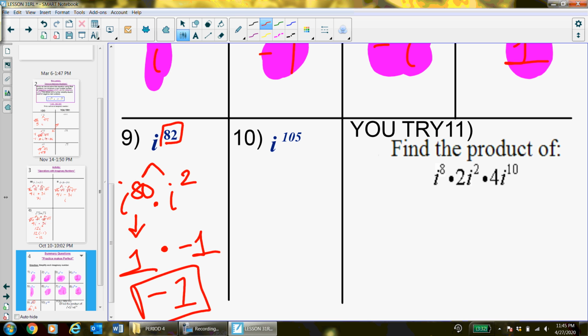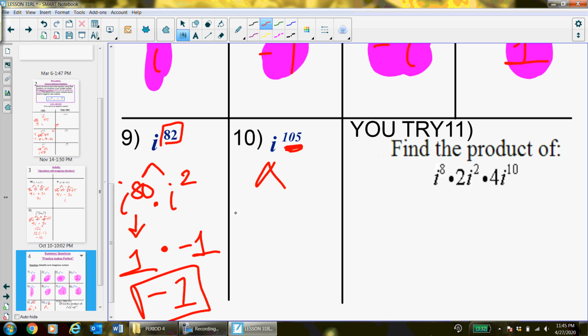All right, so question 10. I didn't write it, but now that I'm doing it here, I kind of want you to do question 10 on your own because I explained 9. So you're going to find what number under 105, because 105 is not divisible by 4. So the highest number, which I believe I can give it to you actually, make it a little bit easier, 104.